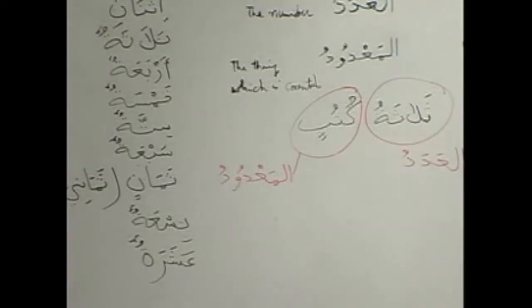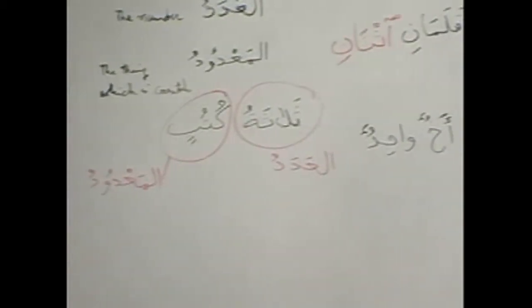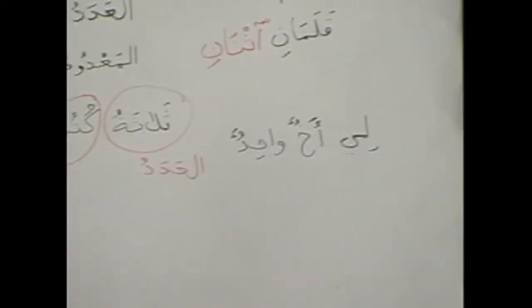It's feminine. So if the ma'dud is masculine, then the numbers are opposite. And don't ask me why. I didn't do anything. Okay, that's the way the language is. Only from 3 to 10. So, if the ma'dud is masculine, the number will become feminine.